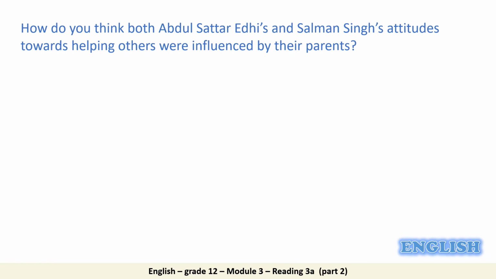How do you think both Abdul Sattar Edhi's and Salman Singh's attitudes towards helping others were influenced by their parents? At the beginning of each of the two texts, you can note to what extent the parents of both individuals had an impact on the lives of their children.